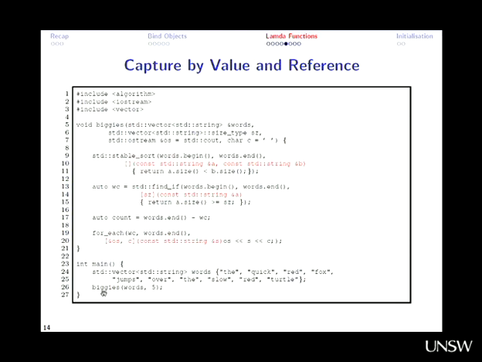I have this function called biggies, which takes in a reference to that vector, takes in the value 5, which is the size type for the string, and it also takes in default parameters for where to print and the spacing. So that's going to work fine.